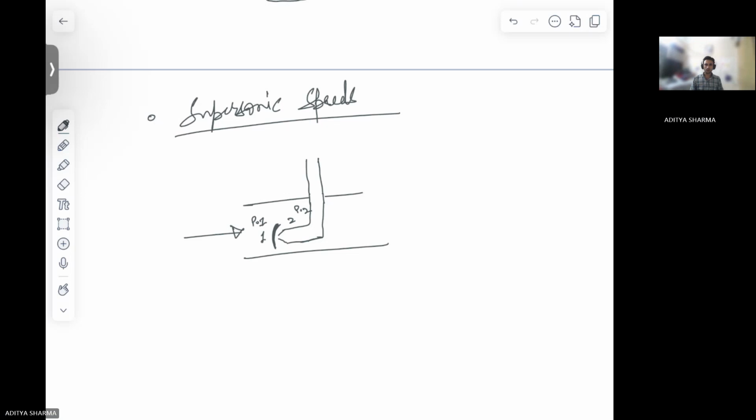So when we get pressure based on this pitot tube, this is going to give you information related to P naught 2. And then there are ratios related to it, which you can see in the lecture slide.